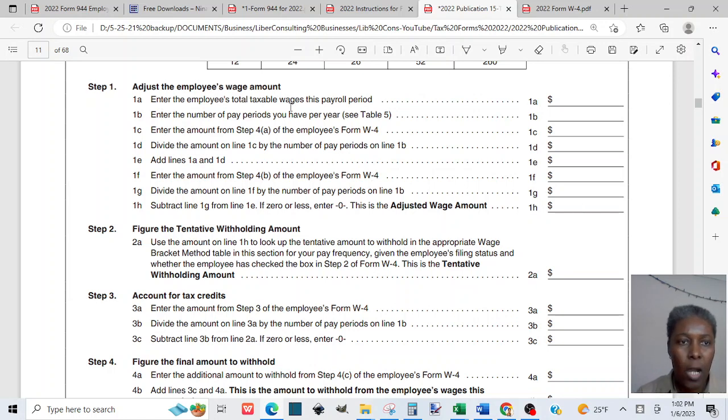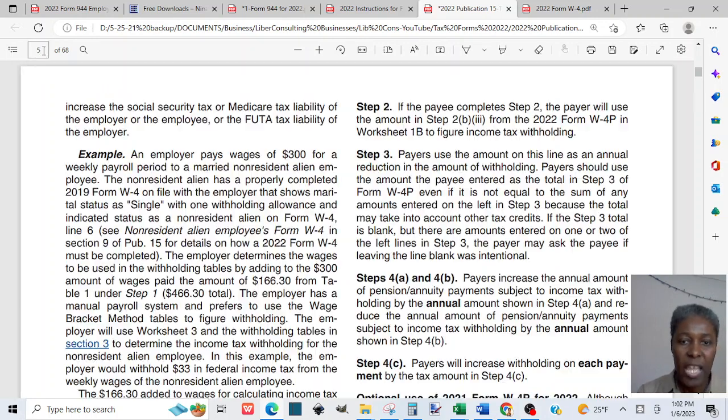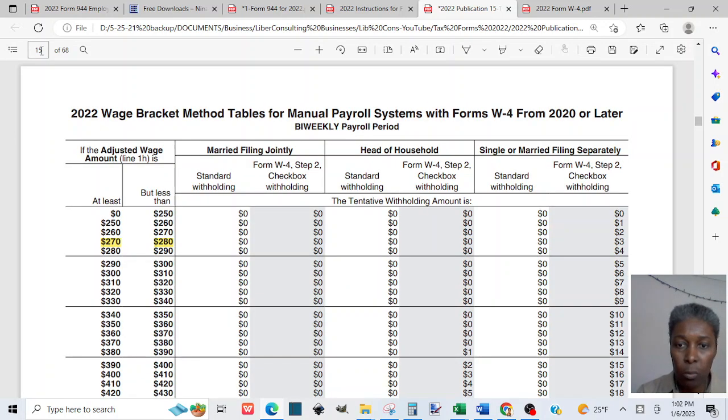So let's go back to our page 15 again. And let's assume the person wants you to withhold more, because the standard withholding will be 0 for $270.70 paid bi-weekly. For a single person, it is 0.